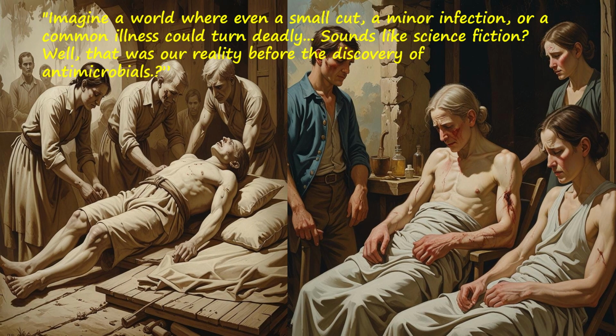Imagine a world where even a small cut, a minor infection or a common illness could turn deadly. Sounds like science fiction. Well, that was our reality before the discovery of antimicrobials. Antimicrobials gave humanity the power to fight deadly infections in humans, animals, and even plants.